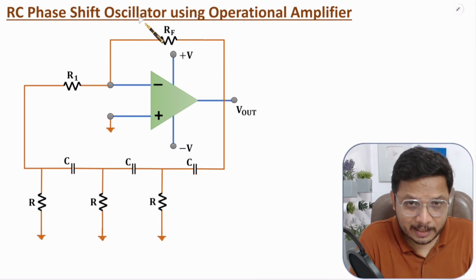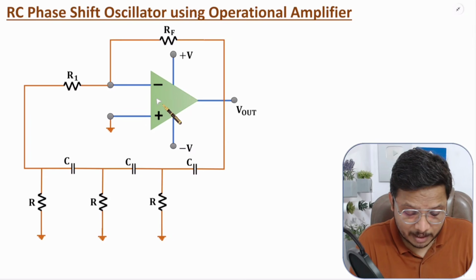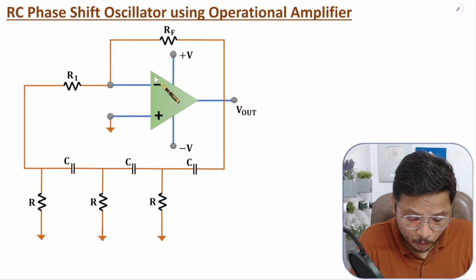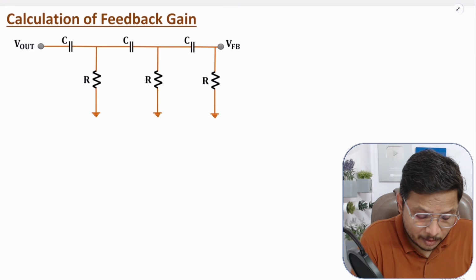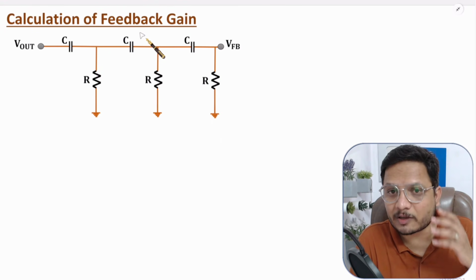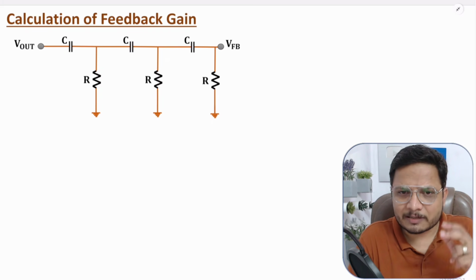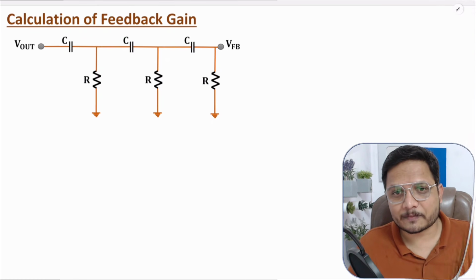RC phase shift oscillator can also be deployed using transistor, but here I'll be explaining it with respect to OpAmp. And at last I'll derive the feedback gain calculation by which you can understand how exactly the oscillator functions. So let us begin this video with the first agenda, that is basics of oscillator.